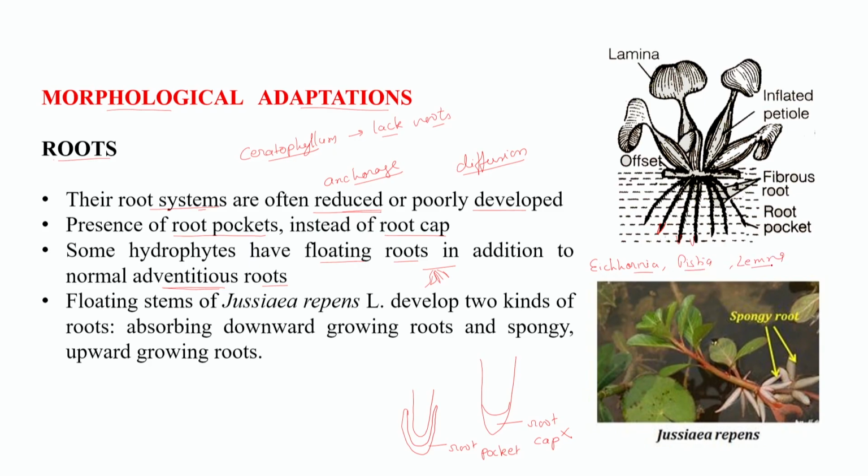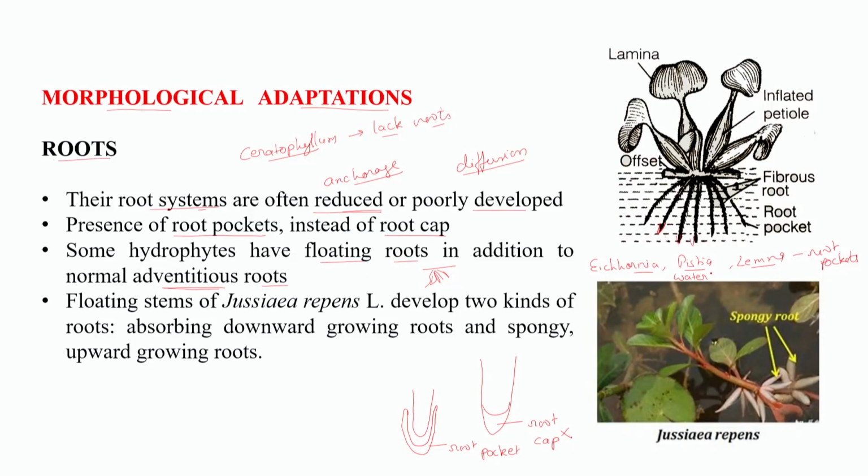Eichhornia is water hyacinth. Lemna is known as duckweed. Pistia is commonly known as water lettuce because it looks like a cabbage plant. The leafy structures are completely folded or modified in that way that it looks like cabbage. So it is also known as water lettuce.